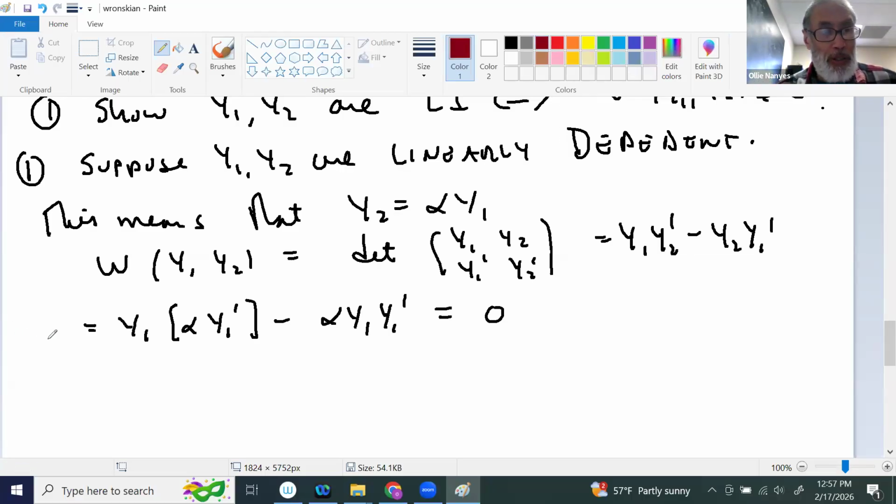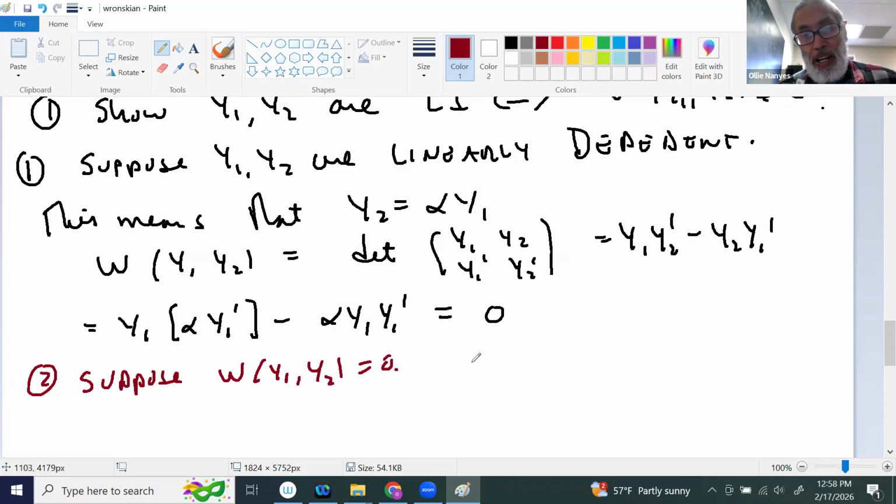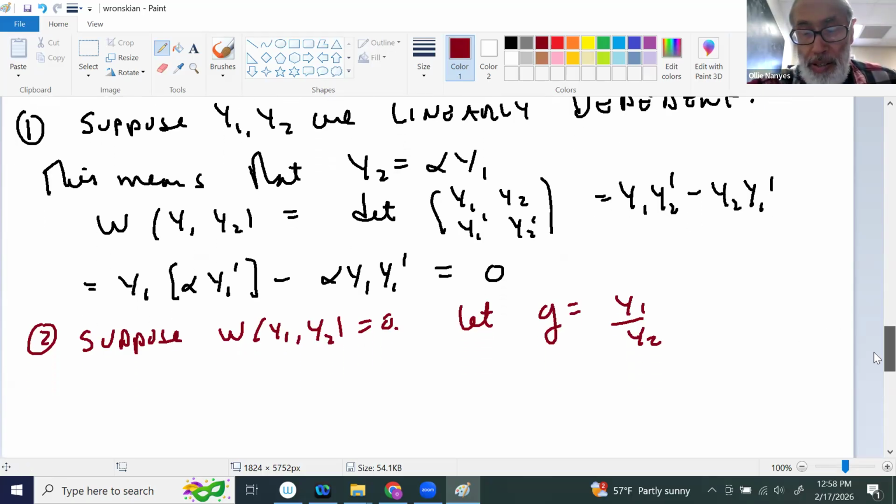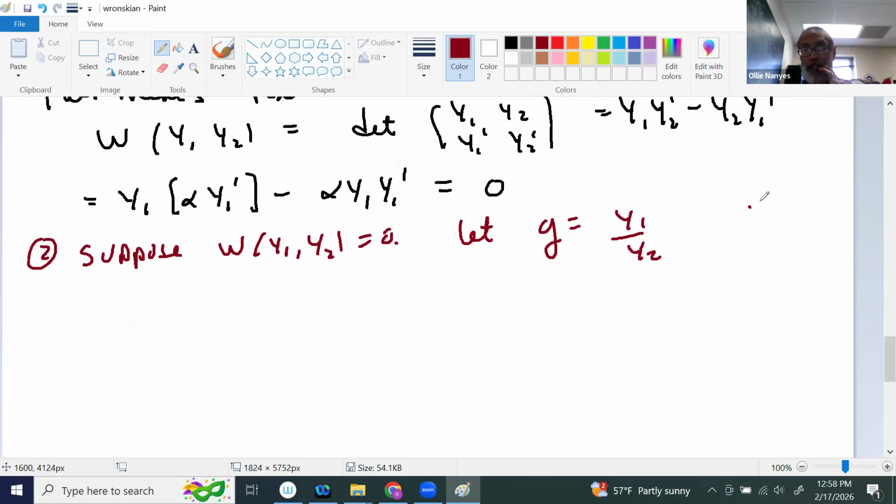Suppose the Wronskian is 0, identically. Now let g equal the function y1 over y2, and assume that y2 is not itself 0. So now let's take the derivative.